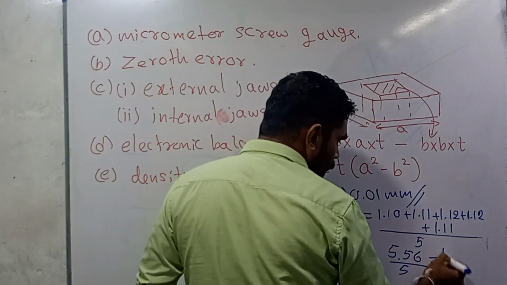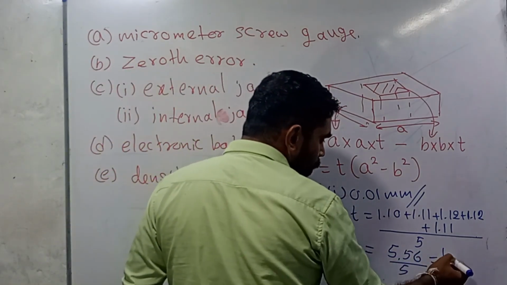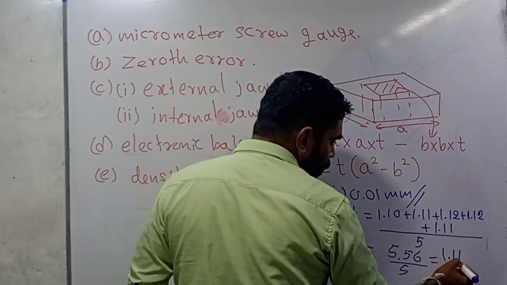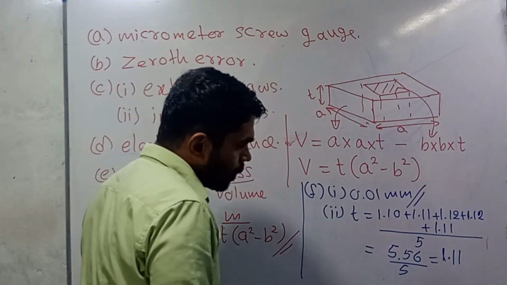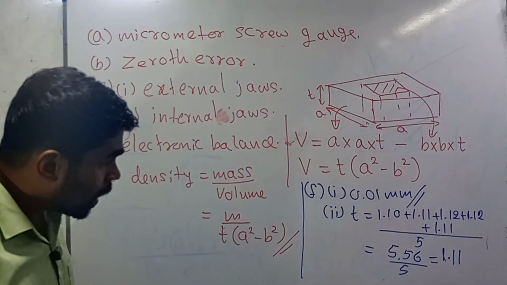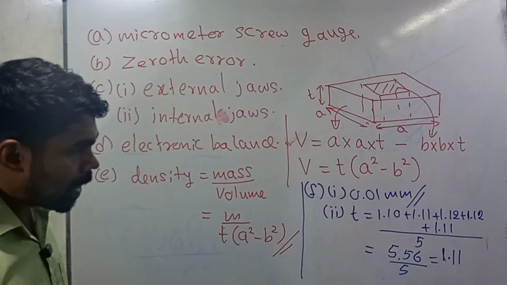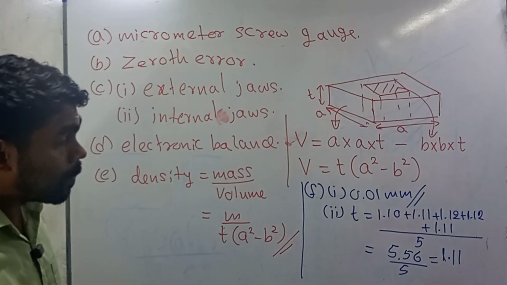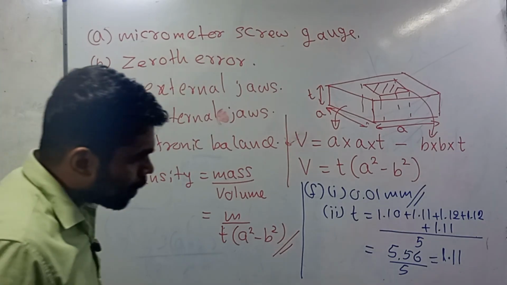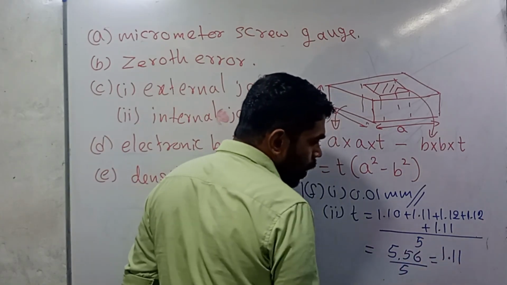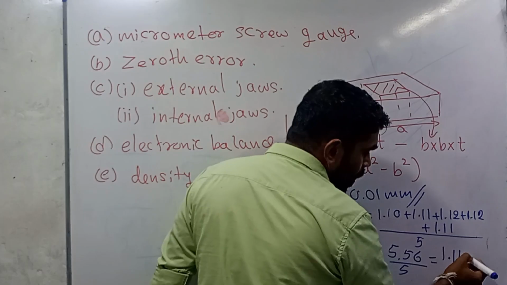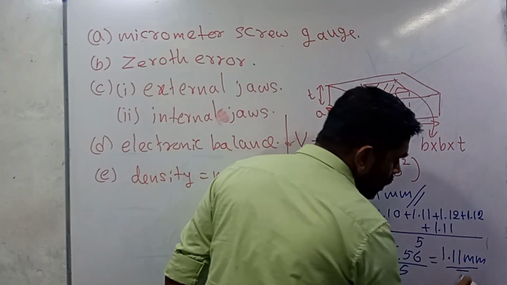5 divided by 5, 1. 5 divided by 5, 1. 6 divided by 5, 1, remaining 1. If we simplify it to the next decimal place, we can obtain 2. It is less than 5. Therefore, we can write the rounded off value up to the second decimal place as 1.11 millimeters.